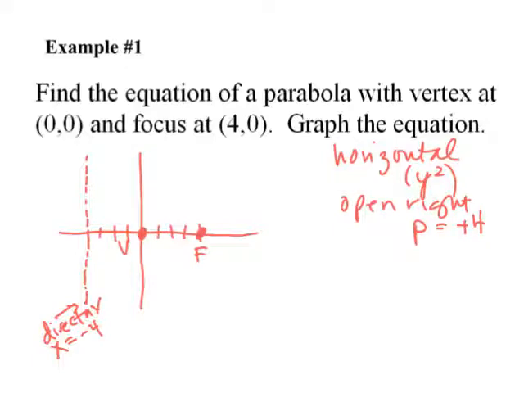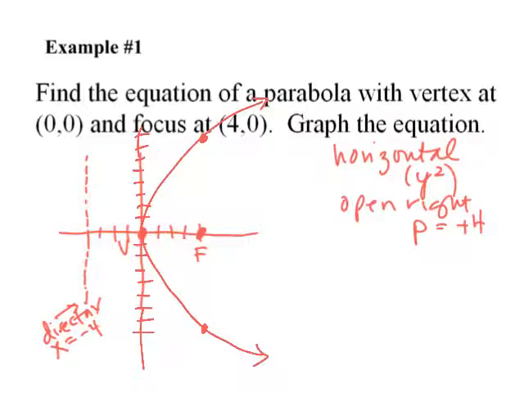So if p is 4, what I need to do is go up from my focus point 8, all right, up here, and that's going to be one point on my parabola, and I'm going to go down 8, and that's a point on my parabola, and I can draw my parabola. So this distance here is 4p, or 16, 4 times 4.